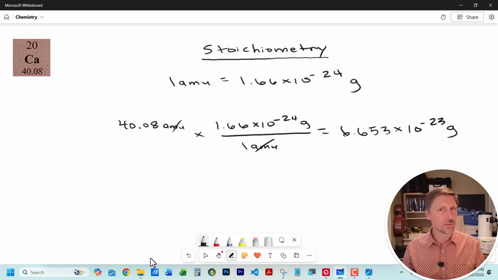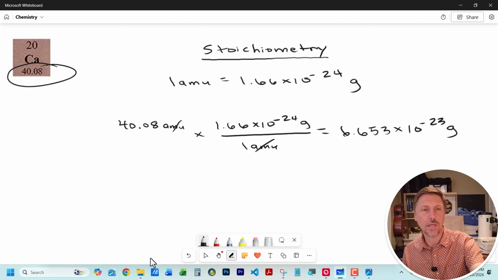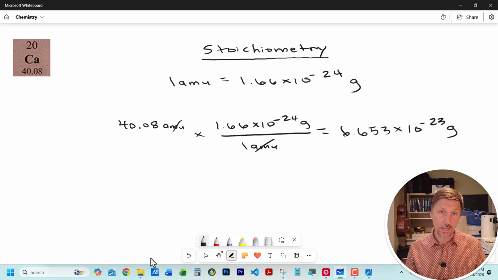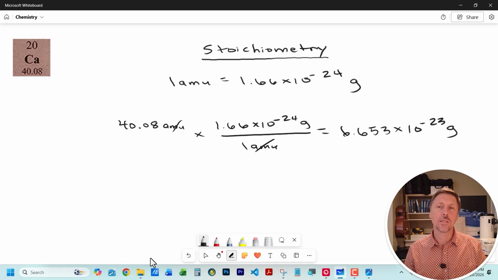Now I want to try something else, and this is going to be the concept behind this new unit that I was telling you that we were going to learn. What if I'm thinking about this value, 40.08, which is the atomic mass of a single atom? What if I wanted to know how many atoms would be in 40.08 grams of calcium?